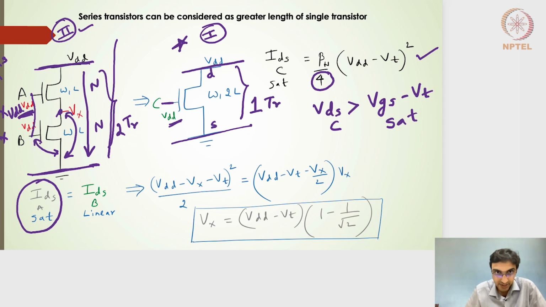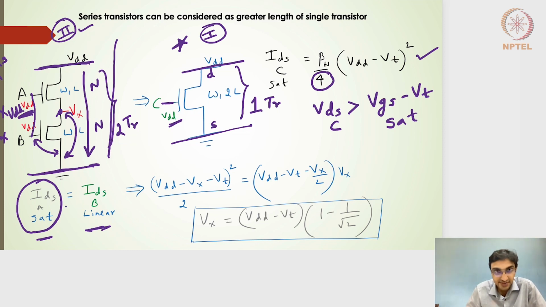That is the question. What I meant was transistor A should supply some current, and the same current should go to transistor B, because both of them are in series. That's why I have stated that transistor A current should be equal to transistor B current. Although I have written it as linear, let's see why it should be in the linear operating region and not in the saturation operating region.